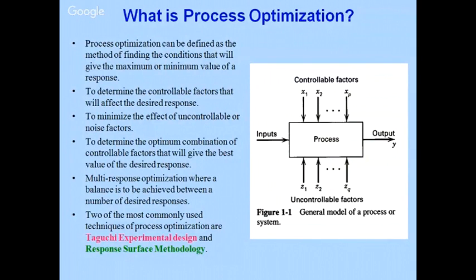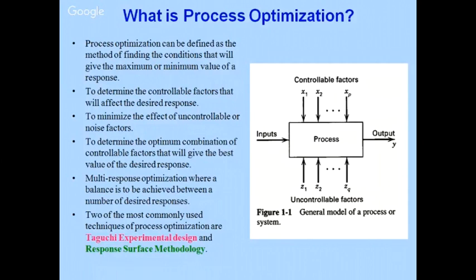desired responses. Because any process you see, when you try to optimize a particular parameter, a particular response, the input parameters, different parameters will have different kind of effect on that response. Increasing a parameter may reduce that response. Reducing a parameter may increase that response, like that.